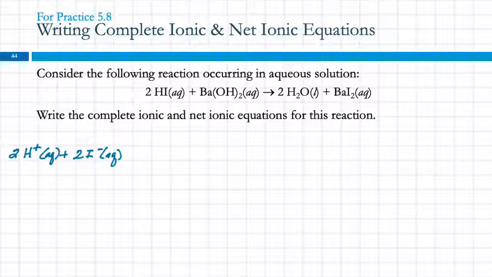Okay? And then I have this aqueous compound, barium hydroxide. So there are 2 ions in that compound, right? Barium ions. Barium is 2+ because it's in group 2A. And then what's the other ion? Is it OH2?